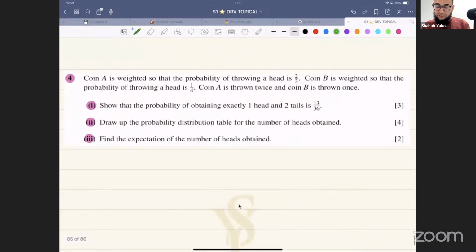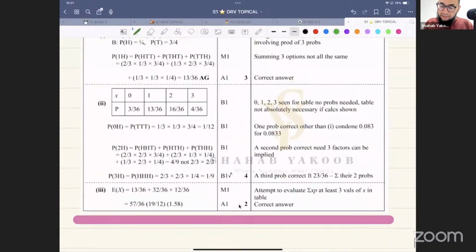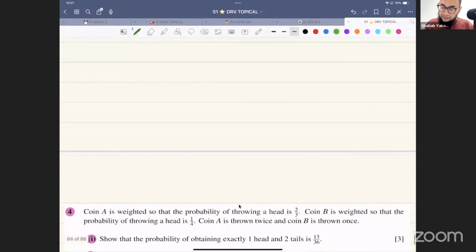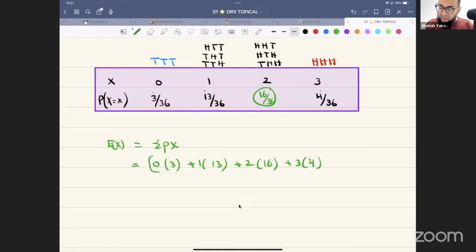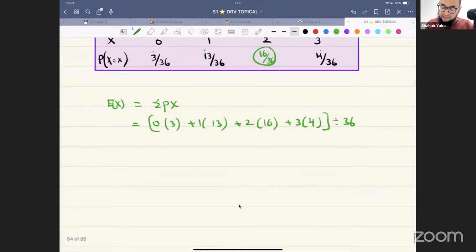Let's double check the answer. This is 16 over 36 from subtraction. This is 4 over 36. This is 3 over 36. This is 3 over 36. Now we have to calculate the expectation. The expected value is sigma px: 0 into 3, 1 into 13, 2 into 16, 3 into 4, the whole thing added together divided by 36.